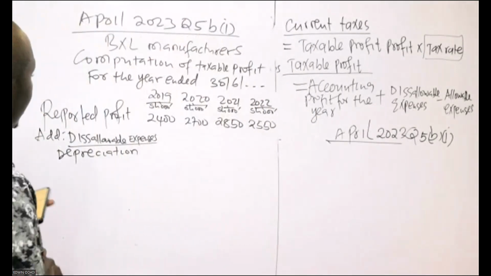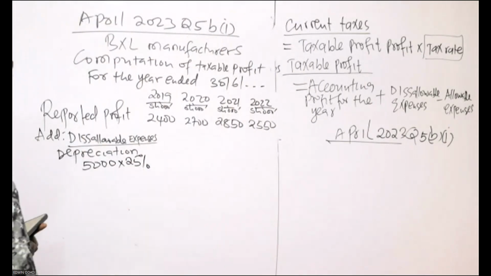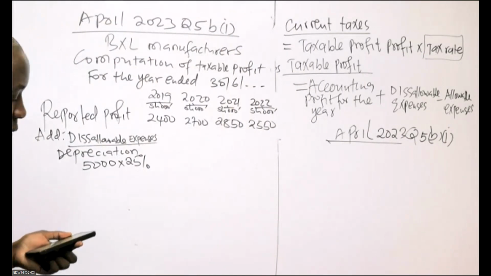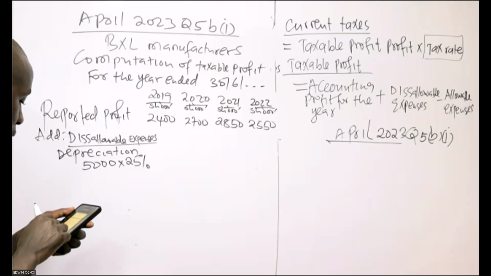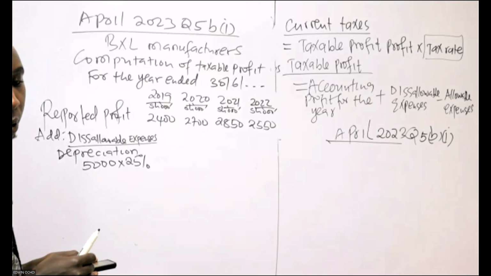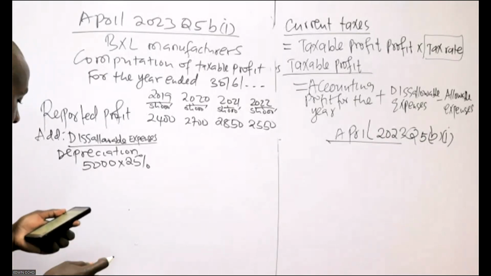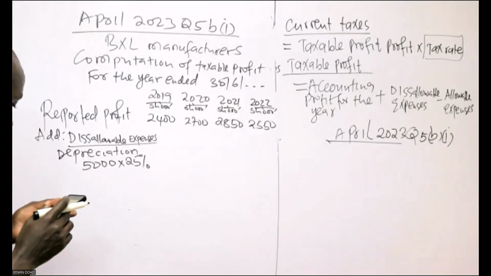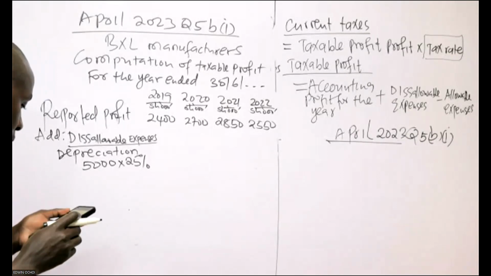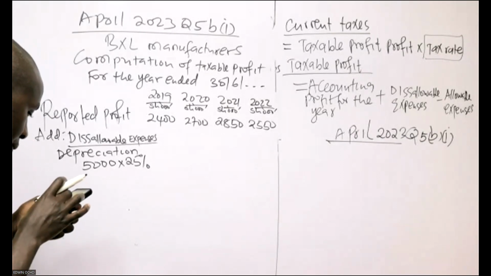So what are you getting, Solomon? 25% of 5,000? You have calculators, guys? 1,250.